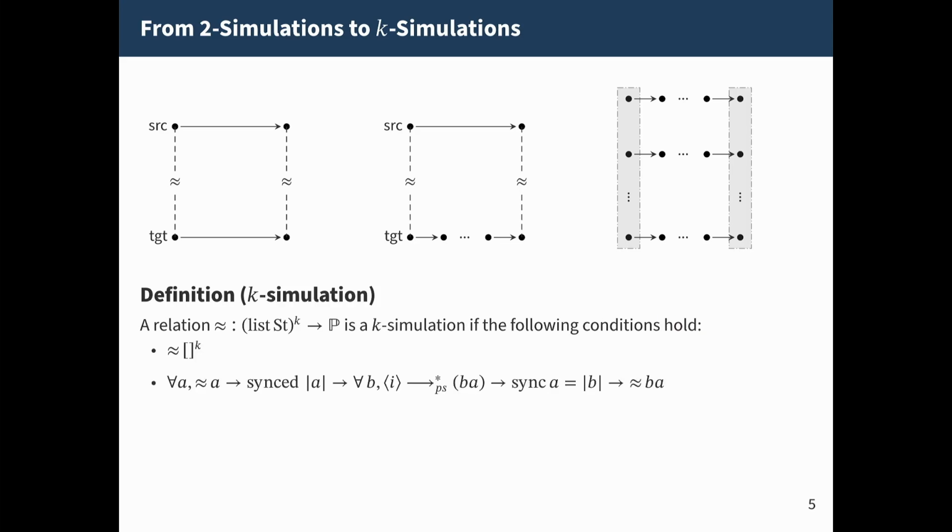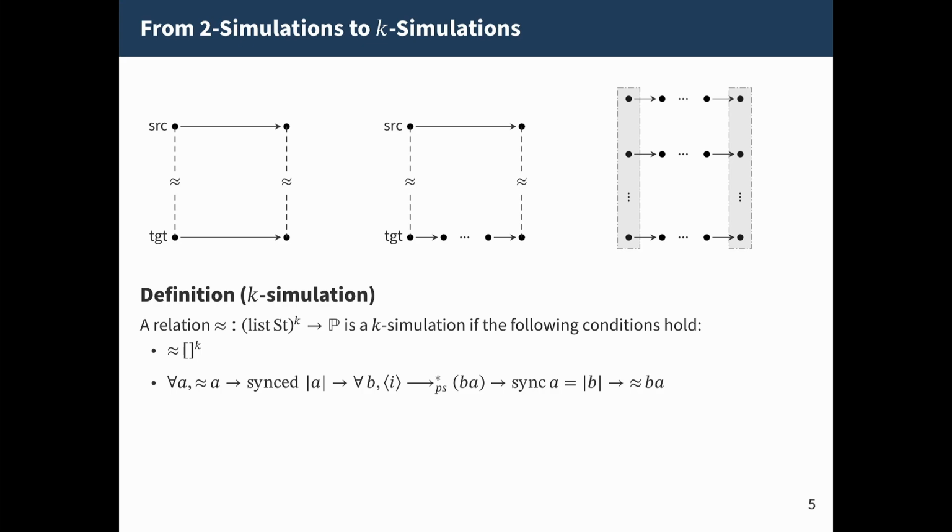And this synchronizer allows us now to define a k-simulation, which is defined such that we have our simulation at the start state where the traces are empty, and then we have, okay, if we are in a synchronized state, so the relation holds, and the position is a synchronized position, so it's basically reachable by our definition of the synchronizer before.